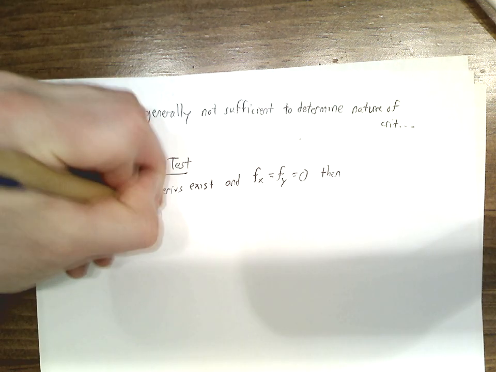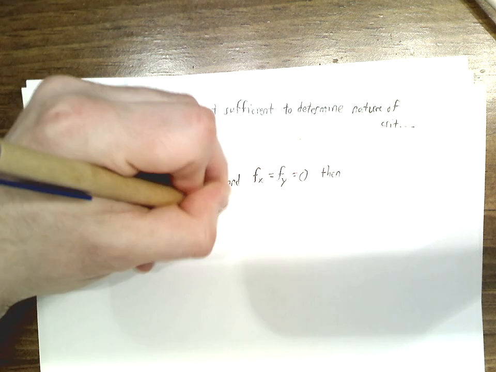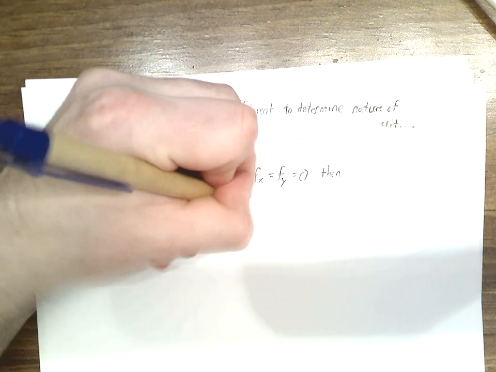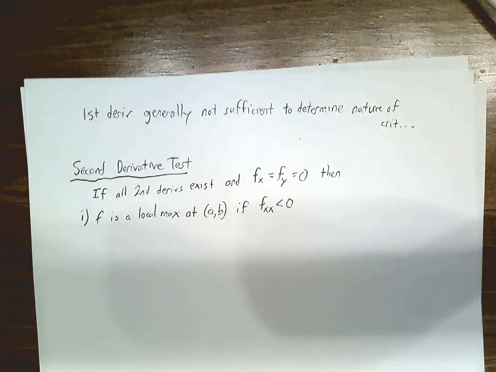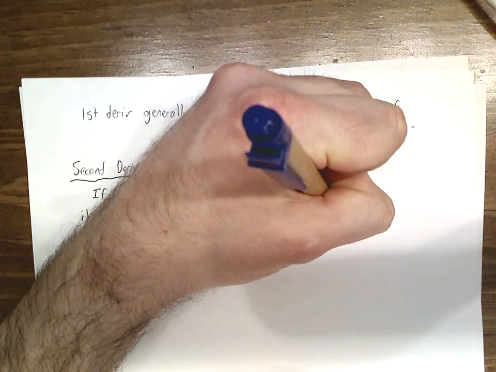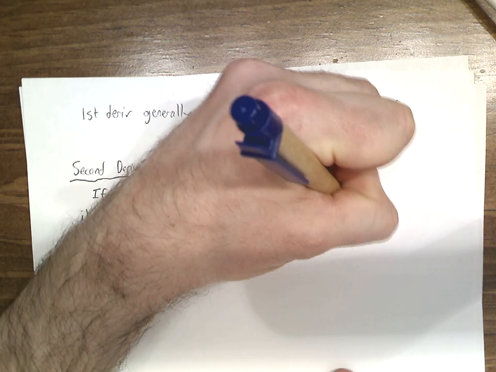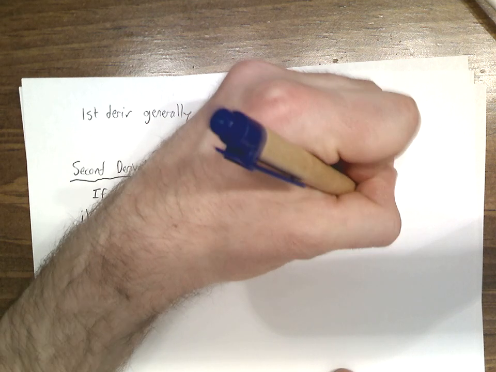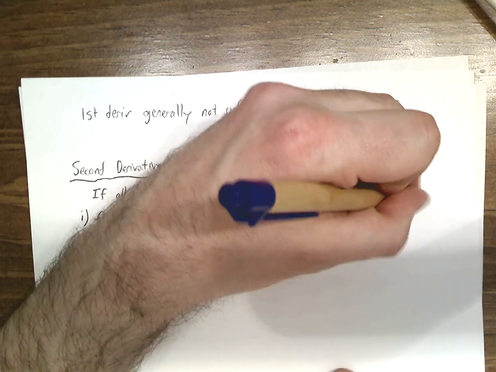as a local max at our point (a, b) if the double partial of x is less than 0 and the product, this is going to be a weird quantity here, fxx fyy minus fxy squared is greater than 0.